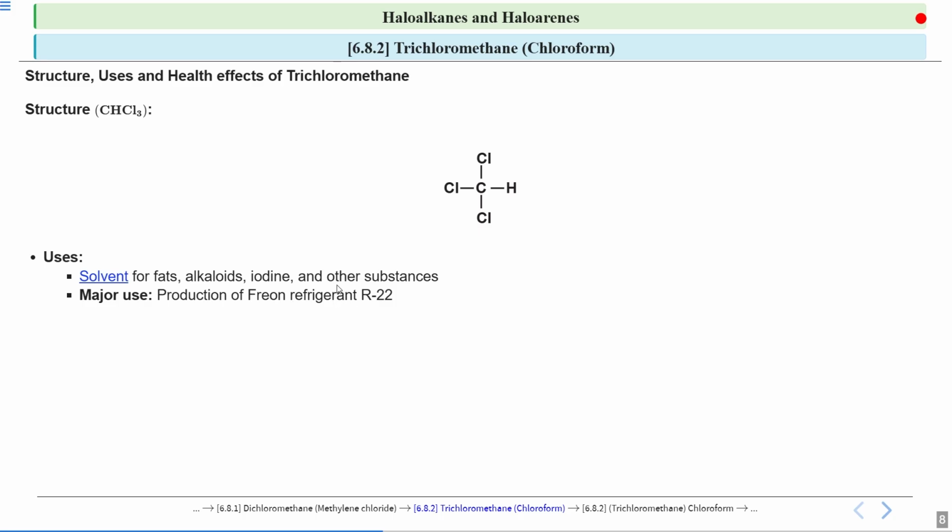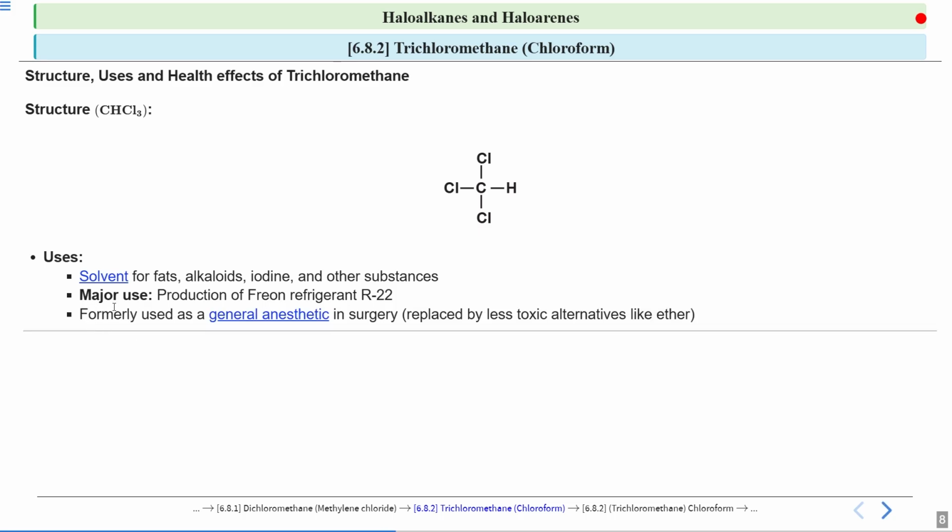That means it is used to transfer heat in cooling systems like AC, air conditioners. It comes under the chlorofluorocarbons and hydrochlorofluorocarbons.